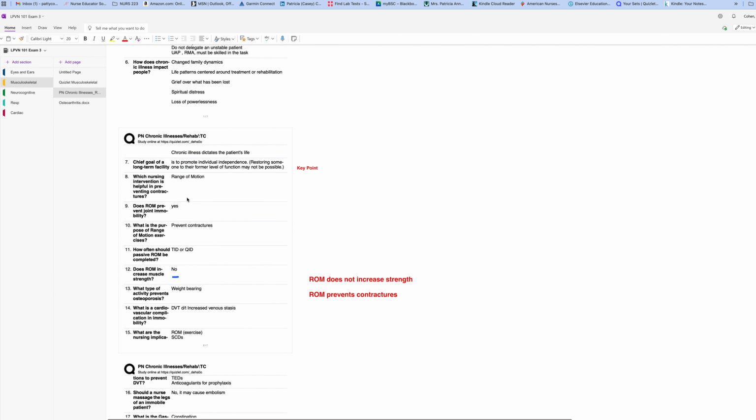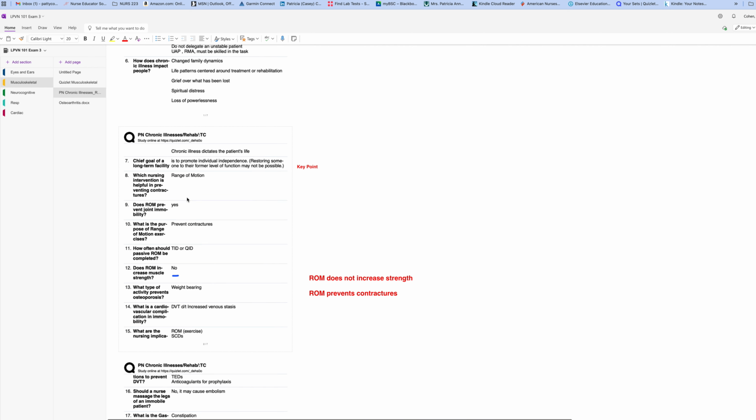So if somebody goes into a long-term facility, rehab always starts on admission. Like, what are we going to do at discharge? So you always start on admission to the facility. Our goal is always to promote individual independence.